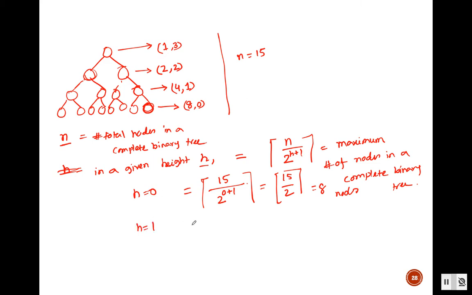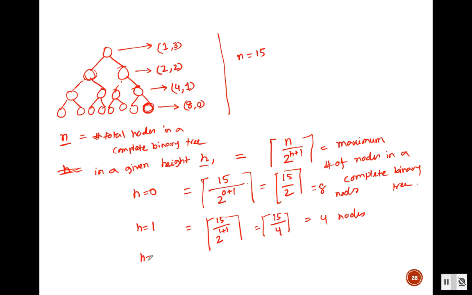With height 1 we can have at best 15 divided by 2 to the power 1 plus 1, which is 15 divided by 2 to the power 2, which means 4 nodes. We are taking the upper bound, meaning the ceiling function. So with height 1 we can have at best 4 nodes.